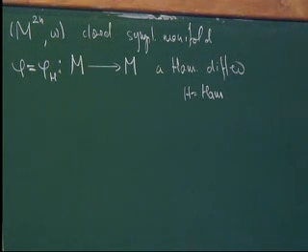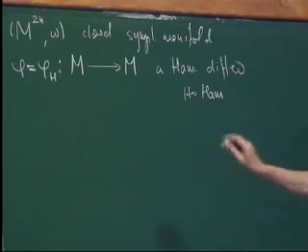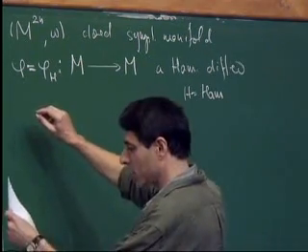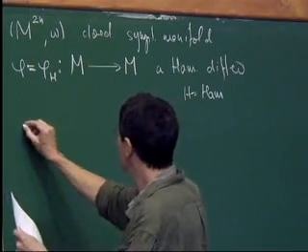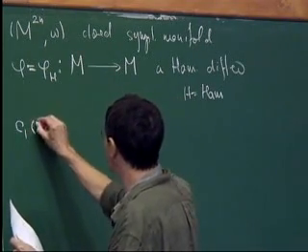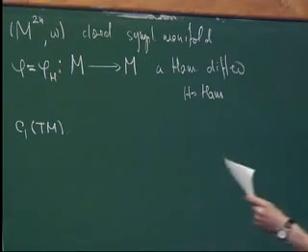Now, when it comes to symplectic manifolds, there are a few invariants associated with them which I want to consider. So for a symplectic manifold, the first Chern class is always defined.